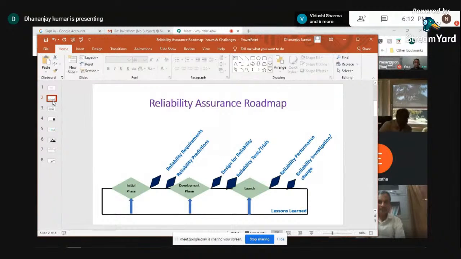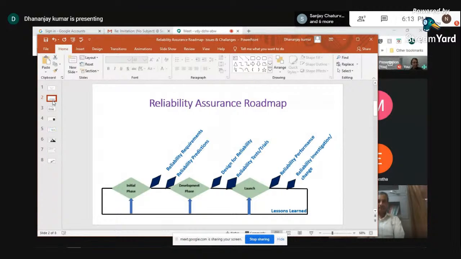Once we move away from these two steps, then comes design for reliability and reliability demonstration. Either you do the demonstration by testing or by trials, based on the requirement of the customer or how confident you are about your product. Especially whenever you have a new technology, new design, new configuration, or new architecture, we go for the test.